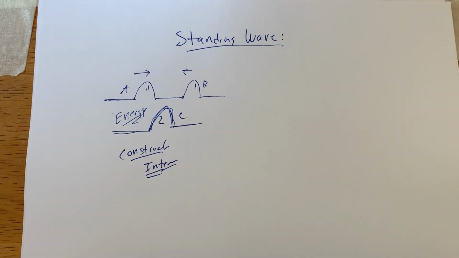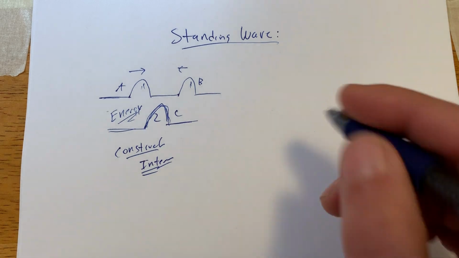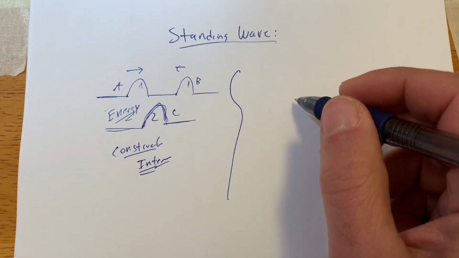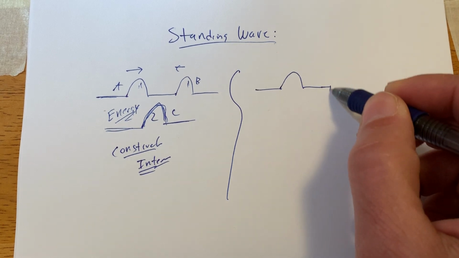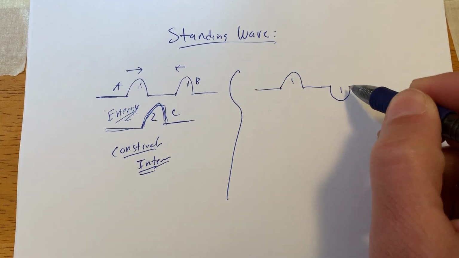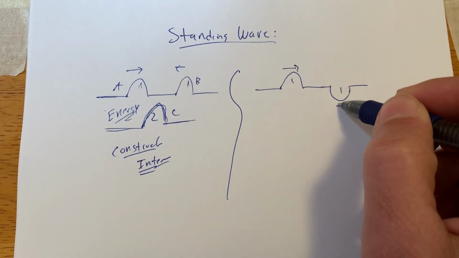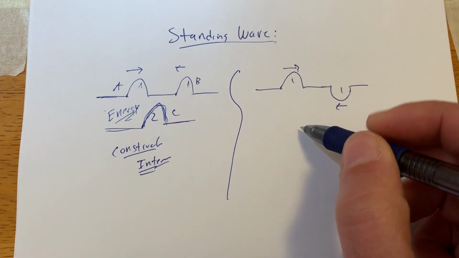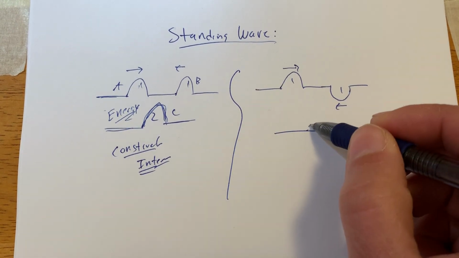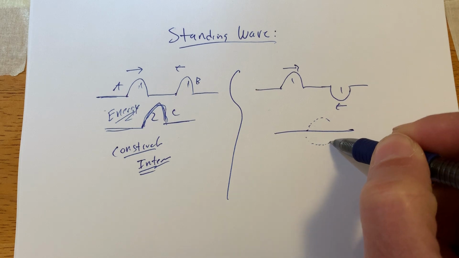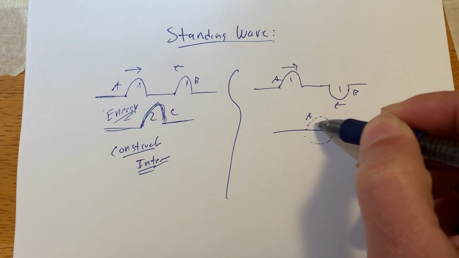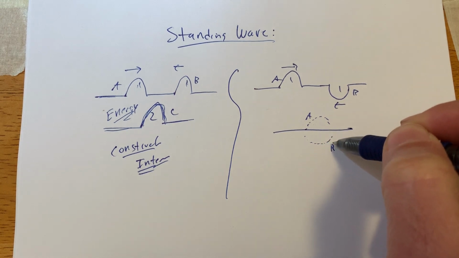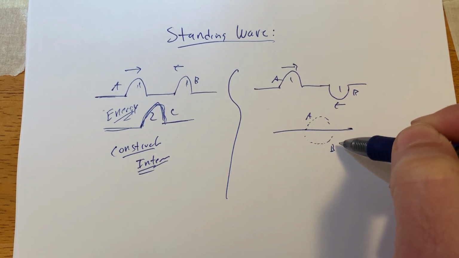Now, that's one way waves can react. What about something that looks like this? Give that a 1 and give that a 1. This guy's going this way, this guy's going this way. What's going to happen here? At this point, I'm going to draw dotted lines. If this was A and this was B, this is what A would look like if it was here by itself, and this is what B would look like by itself.